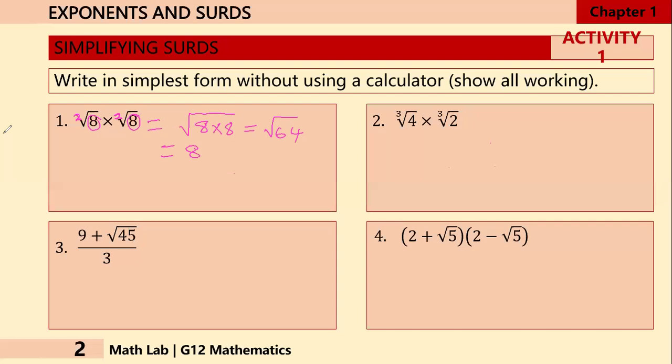It's going to be square root of 8 multiplied by 8, which gives you square root of 64. And then square root of 64 is going to give us 8. Remember, square root of 64 is a perfect square. Still remember the perfect squares. Okay?